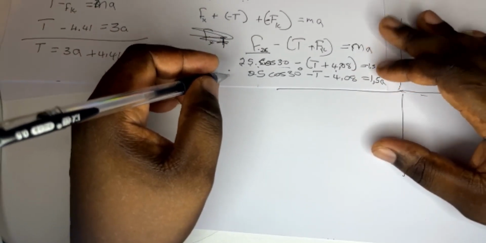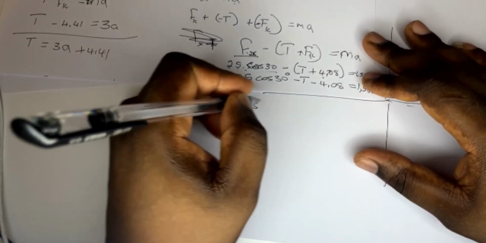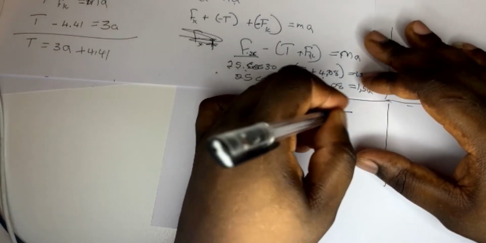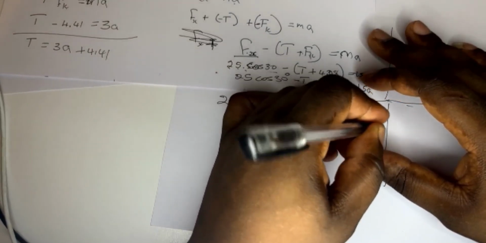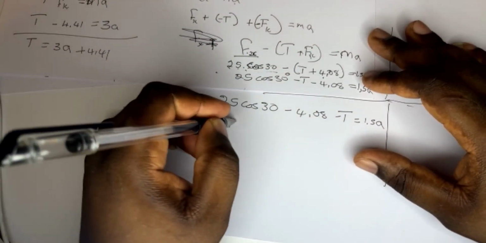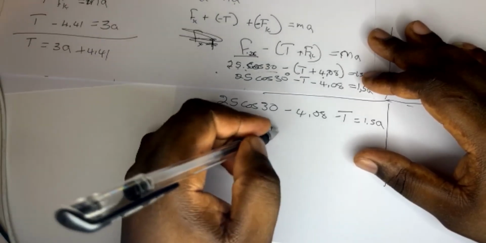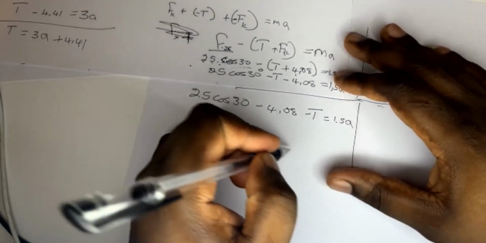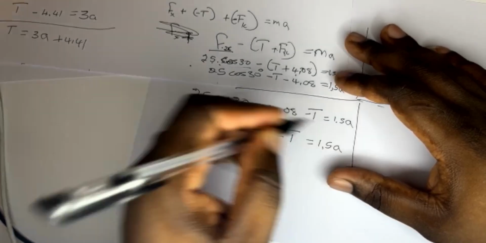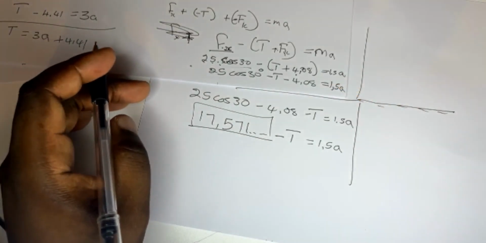We will have something like 25 cos 30 minus 4.08 minus T is equal to 1.5 a. On a calculator, remember, it's not the final answer, so we can write all the values that we get, or write them in the form of a fraction if you get a fraction.